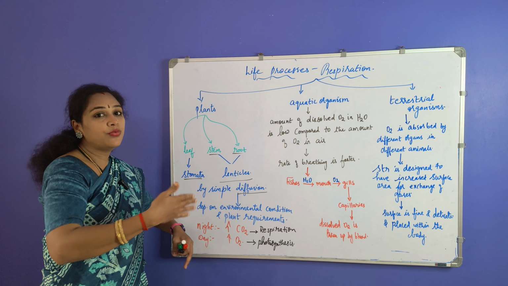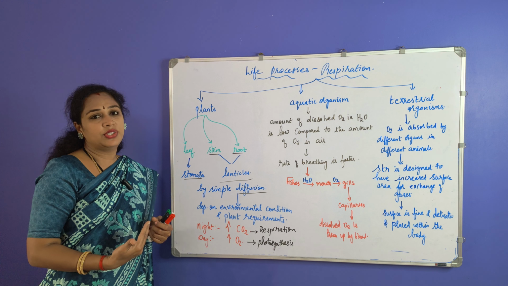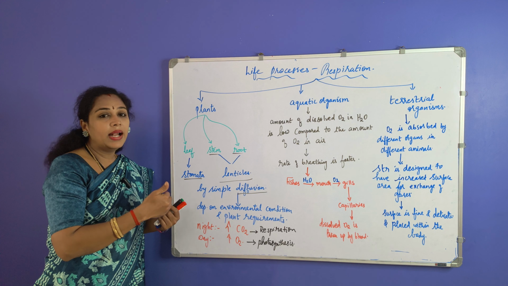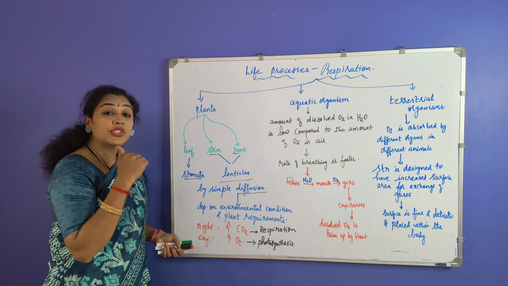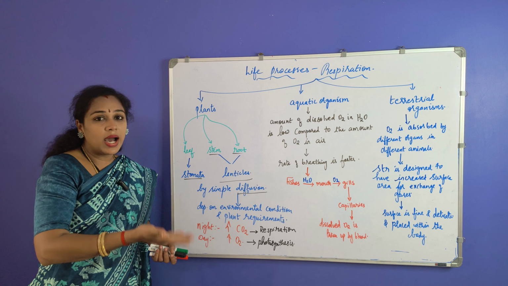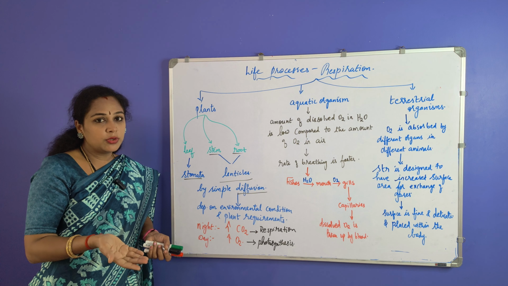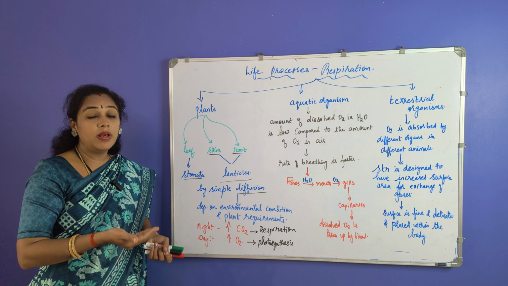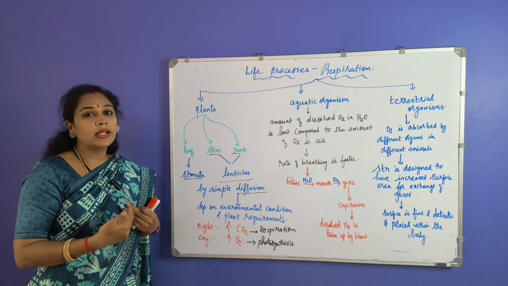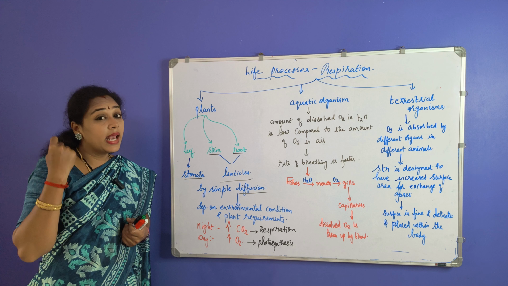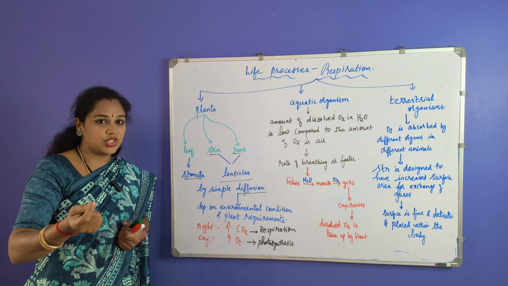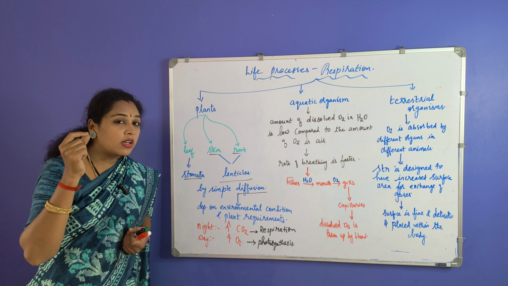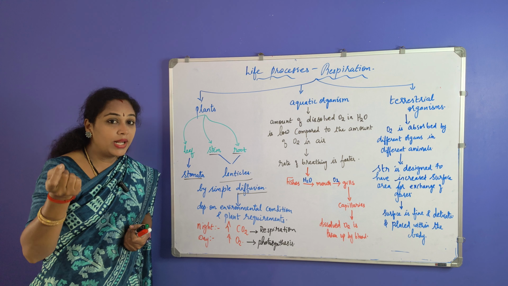The elimination of carbon dioxide is the main process taking place in the plant at night. And in the daytime, the carbon dioxide that is produced by the plant at night is taken up by the plant, and thereby it releases oxygen. So the amount of oxygen released will be more in the daytime.